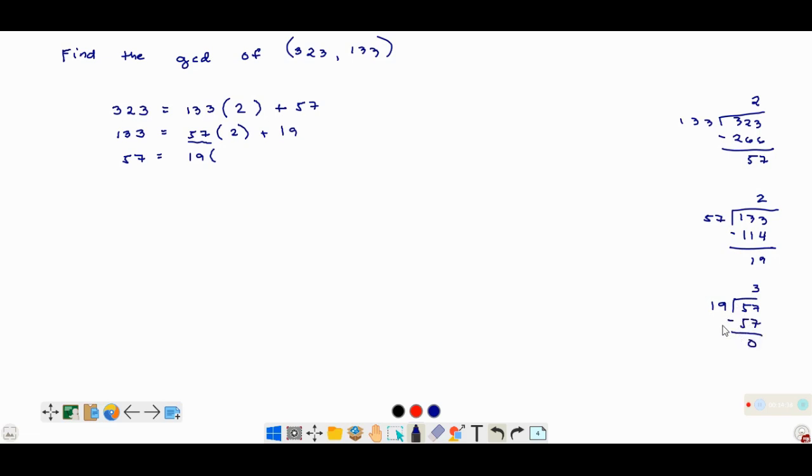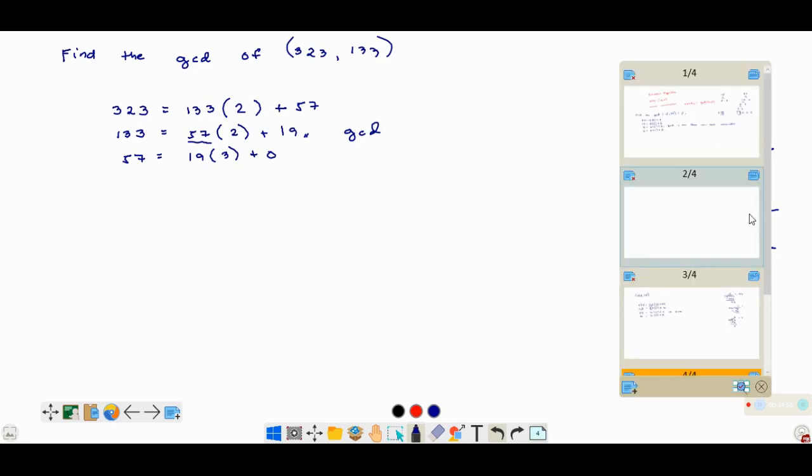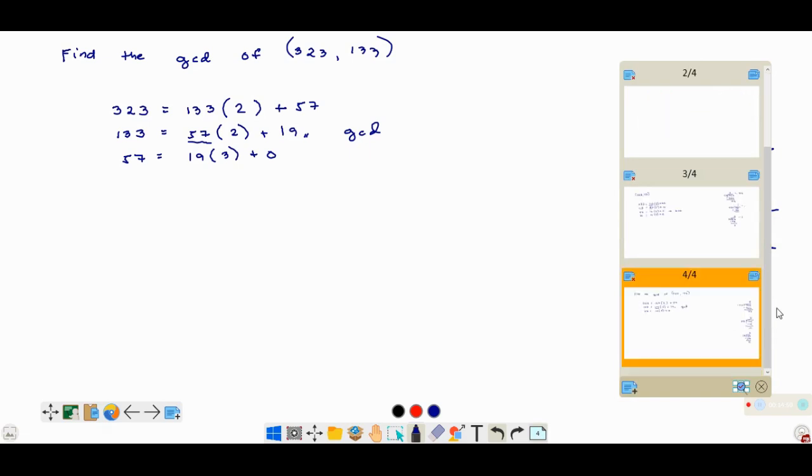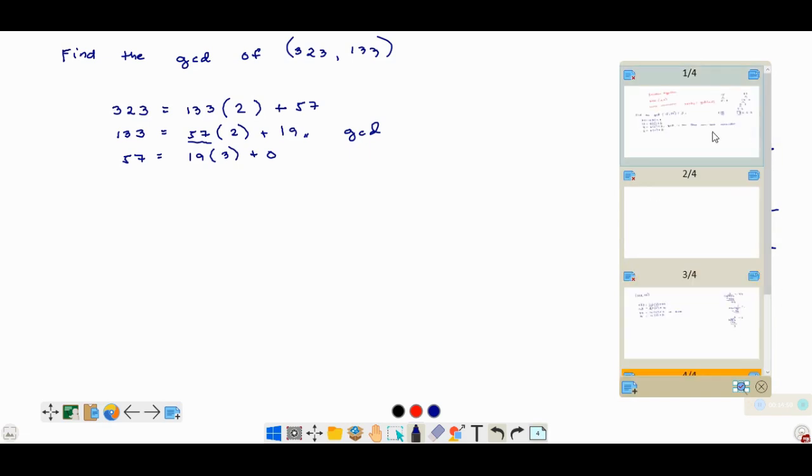So you have a 0 remainder. So 19 times 3 plus 0 remainder. So what is the GCD? The GCD is the last non-zero remainder. So the GCD is equal to 19. Okay? Alright.